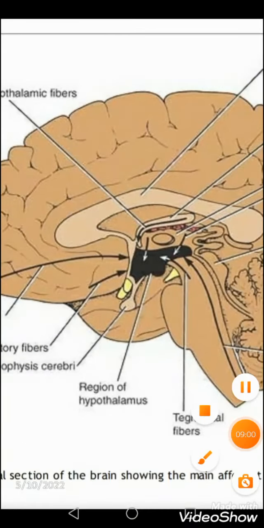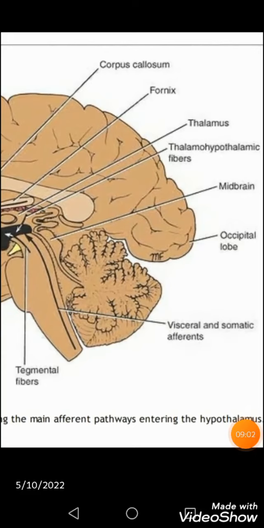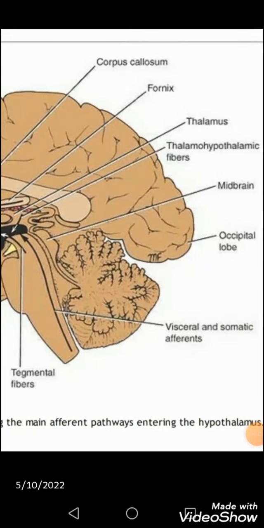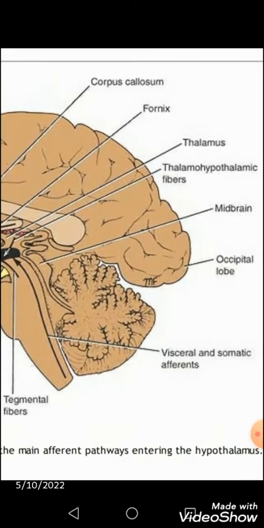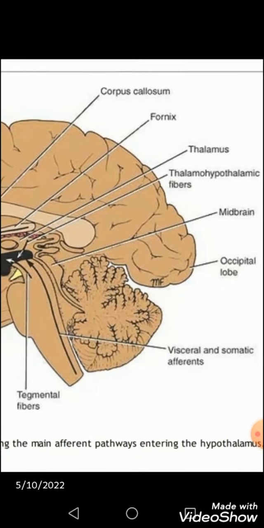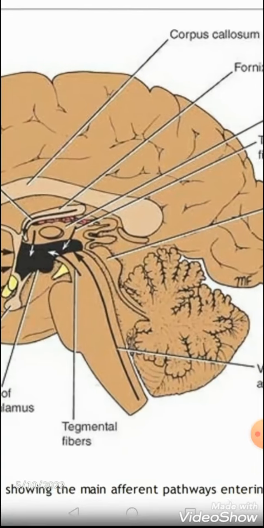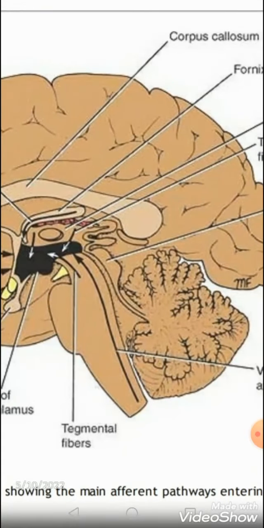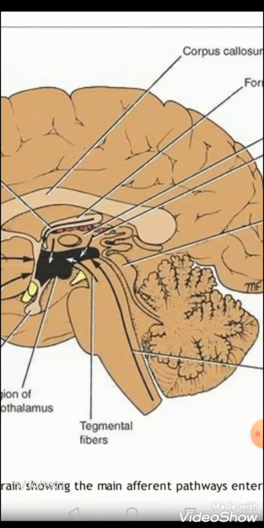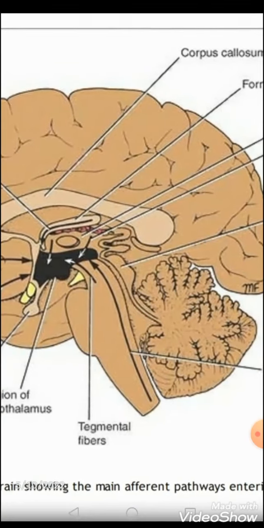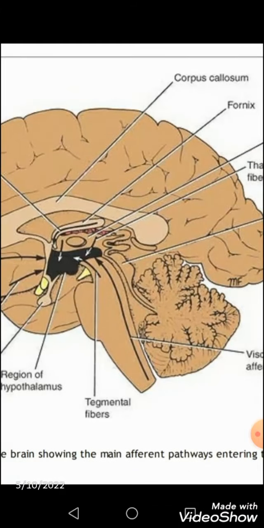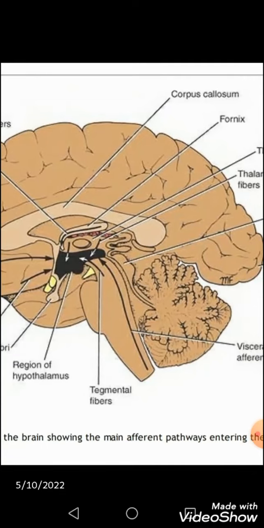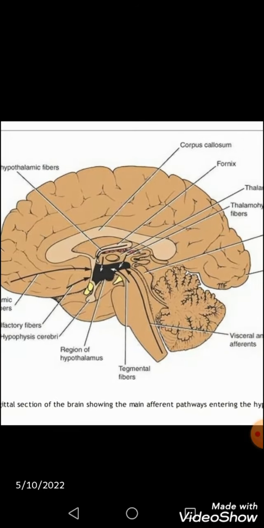And another important thing: you can see the ascending or afferent fibers taking visceral and somatic sensations entering into your hypothalamus, and they carry the gustatory and visceral sensations via the collateral branches of the lemniscal system and the tractus solitarius, and it involves the reticular formation. So these are all the afferent connections of the hypothalamus.